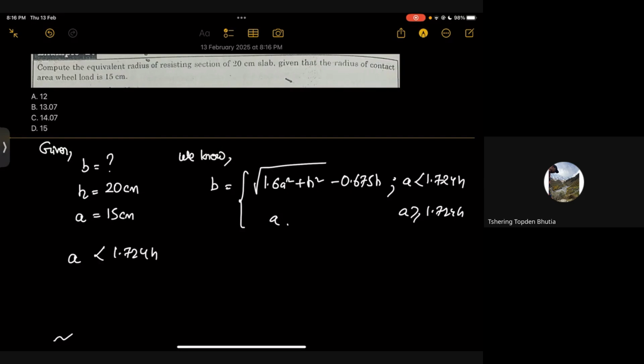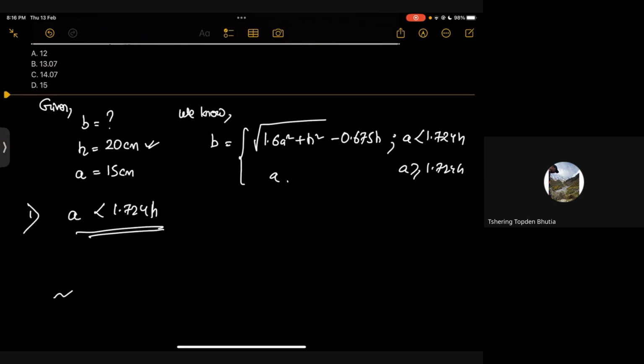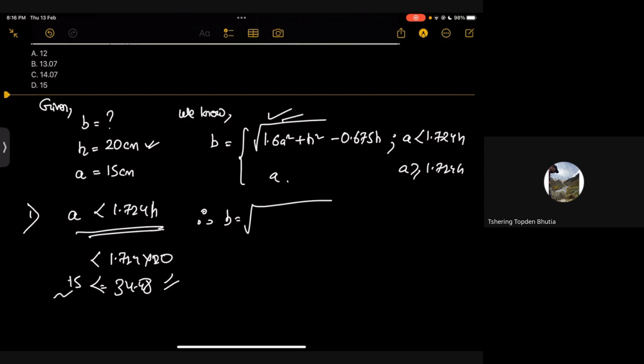Take the value of h and see whether it satisfies. I'll do this, no issues. A is 15, and 1.724 into h, which is 20, gives 34.48. So 15 is less than 34.48, therefore the first formula will be applicable. Therefore, B will be equal to root over of 1.6 a square plus h square minus 0.675 h.